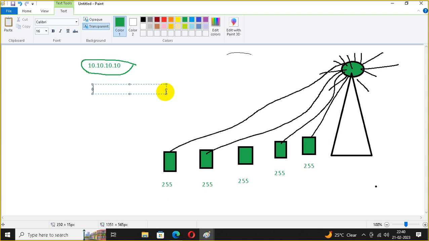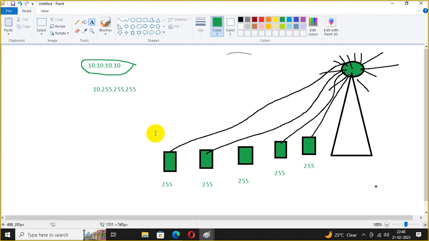So the network part will remain the same and the host part will be 255.255.255. That is the broadcast address. Whenever I ask, it is 255, that's what I'm telling you.